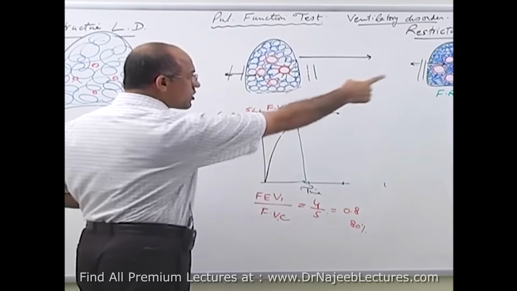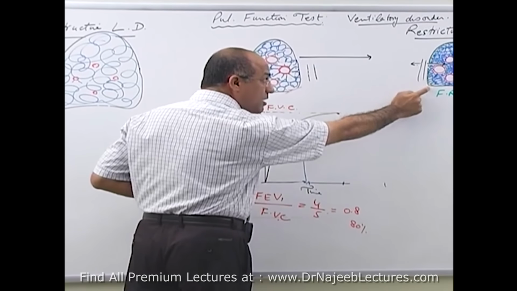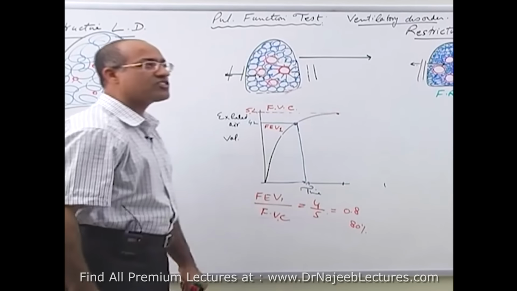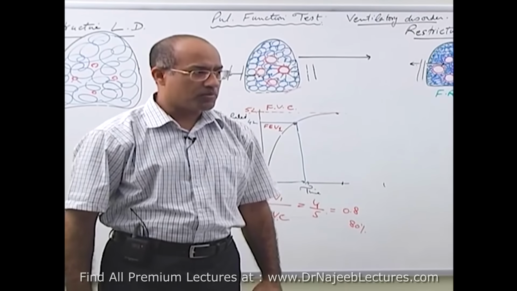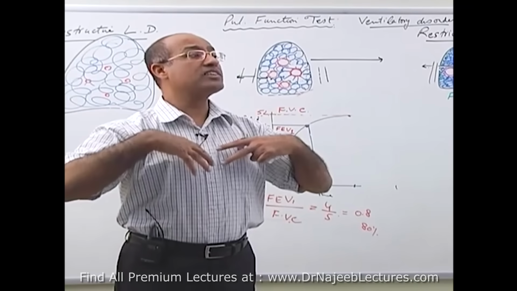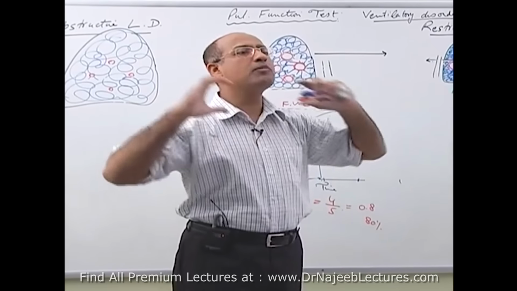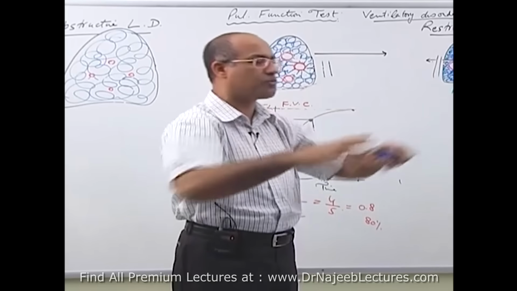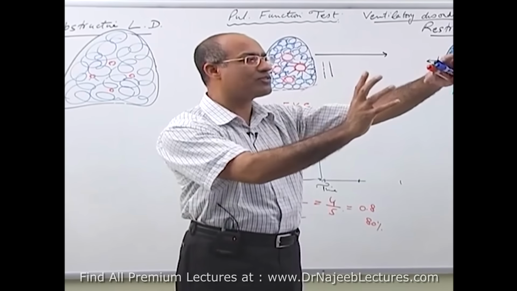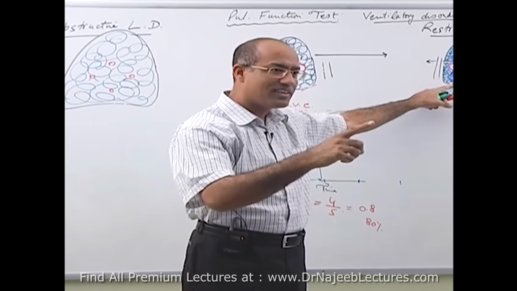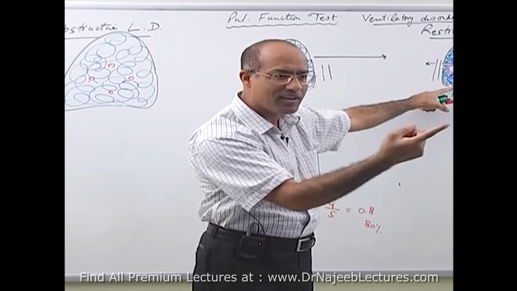Now we do the same maneuver with the person with restrictive lung disease: we ask him to first inspire as much as he can, achieve his total lung capacity, and then blow out as hard and as fast as possible, right? Then of course all the amount of air which is blown out is vital capacity, and then we see what is the fraction which was released during the first second.